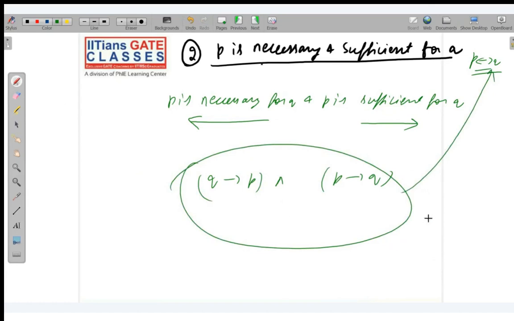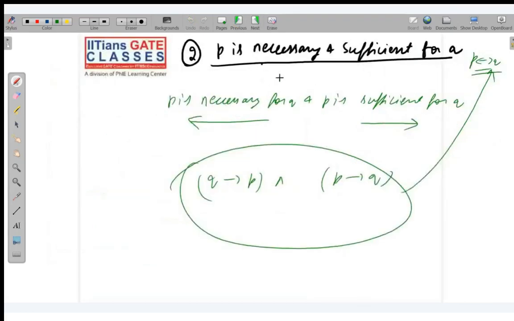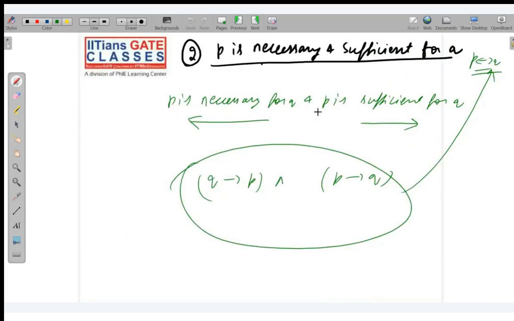Why is it like that? If you want an example, it is the same. You can take flight and ticket. A necessary and sufficient condition for taking a flight is that you have a ticket. It's English, so you can mold it any way.